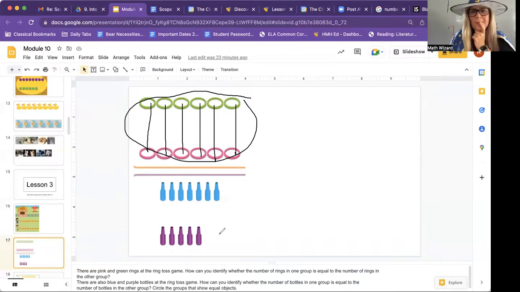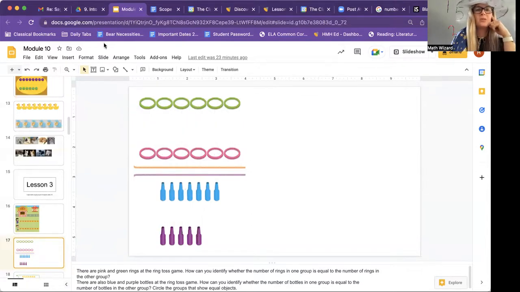Is that the same? I don't think so, but let's go ahead and look here. We're matching them. Does everyone have a match? Nope. So that group is not equal. We do not have equal amounts.